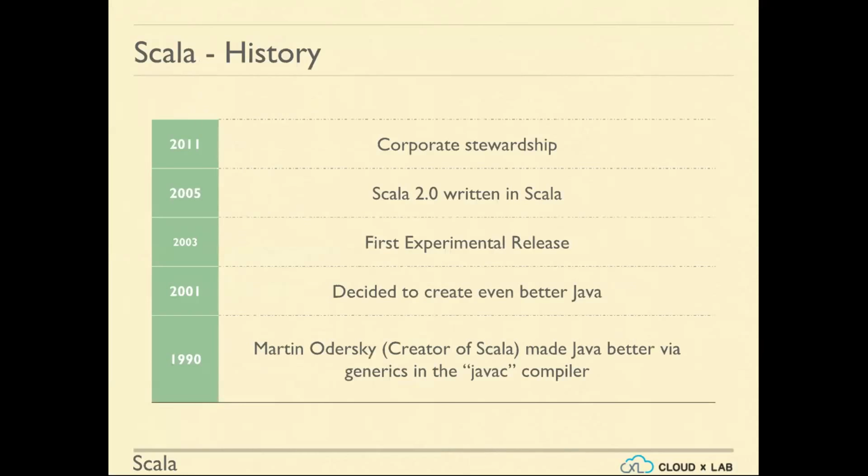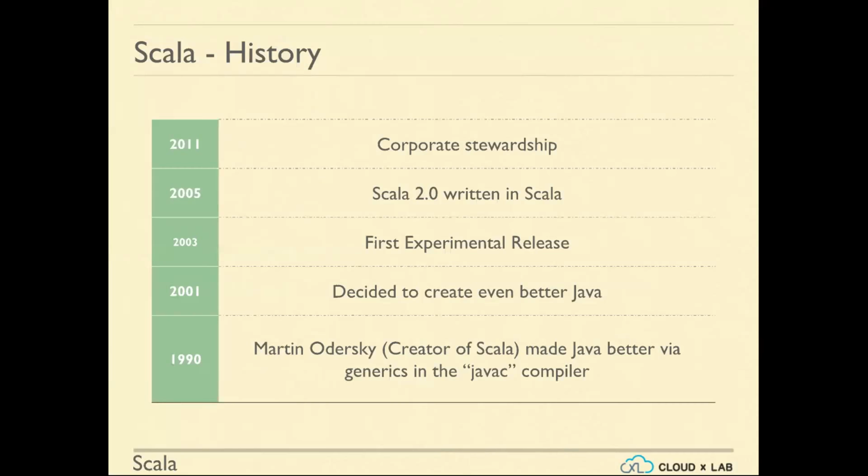You can see that in 1990, Martin Odersky created Scala. Basically, he was trying to work on something called generics. There is a feature of generics in Java, and he was trying to make that really better. Afterwards, when he did that, it was actually more performant than the remaining Java.